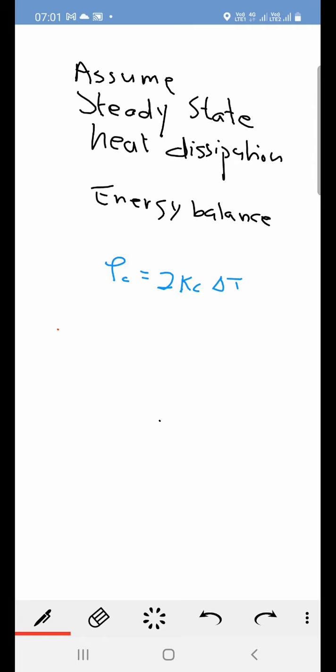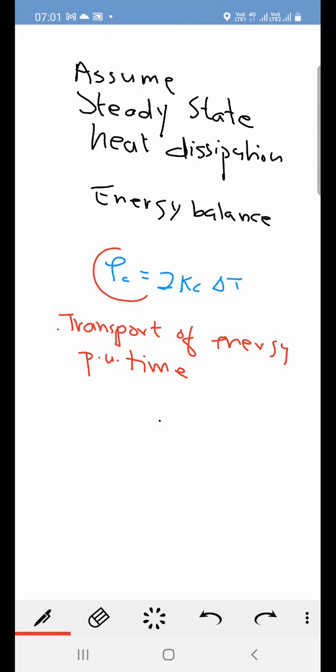So there is a transport of energy per unit time. So this is the amount of energy which is dissipated at single atom contacts.